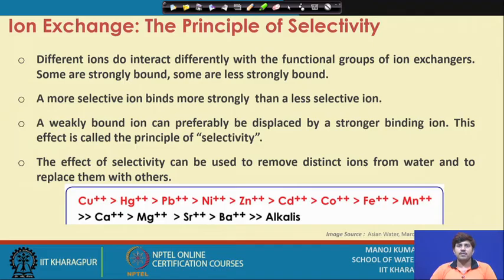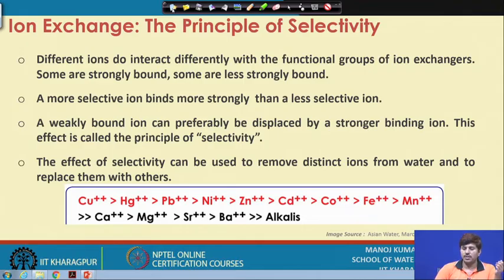This effect of selectivity can be used to remove distinct ions from the water and replace them with others. There is a preferential order of who binds first, typically copper will bind before Hg, before lead, before nickel, before zinc. So, that way we can have a series of selectivity or preferences of who will bind first with the resins.